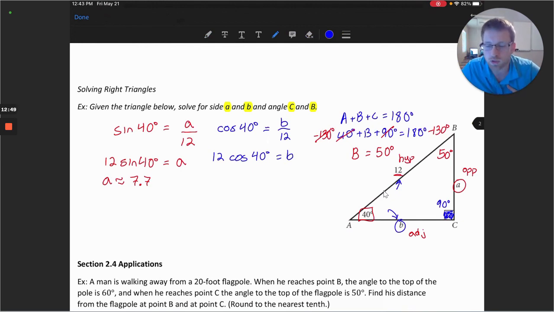Again, we want to be in the degree mode in our calculator. We'll round this off to 2 significant figures. So B, side length, will end up being 9.2. So we have 9.2, and our opposite side was 7.7.